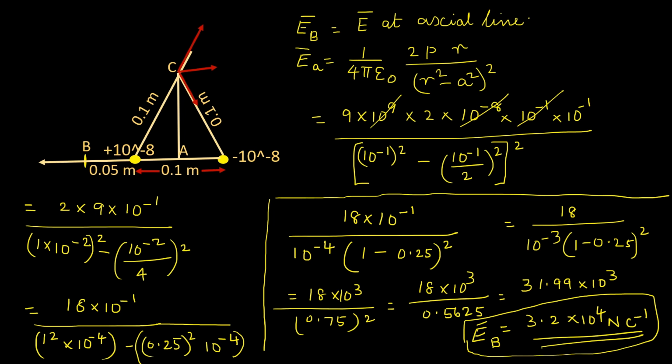In some books they have calculated it in another way. Electric field at B due to positive Q added to electric field at B due to negative Q. The distance of the point B from the two charges have to be considered correctly and accordingly. Then the electric field at B will be electric field due to positive Q minus electric field due to negative Q. You will get the same value.